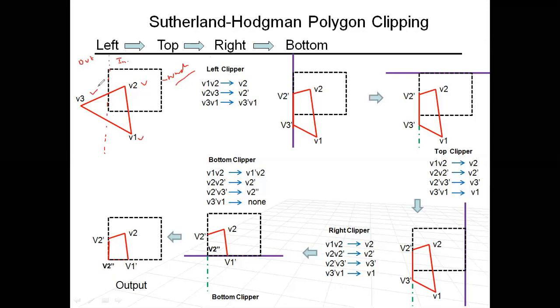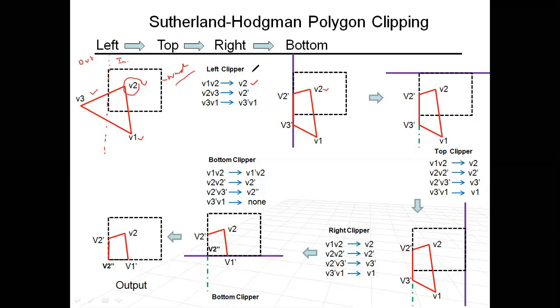Now we can follow any order to move, but we will start from the first vertex, V1. Let's follow those rules. V1 to V2 we are moving, and both are inside. So what we have to save is the second vertex. The second vertex has been saved. So this is how we follow V1 to V2.